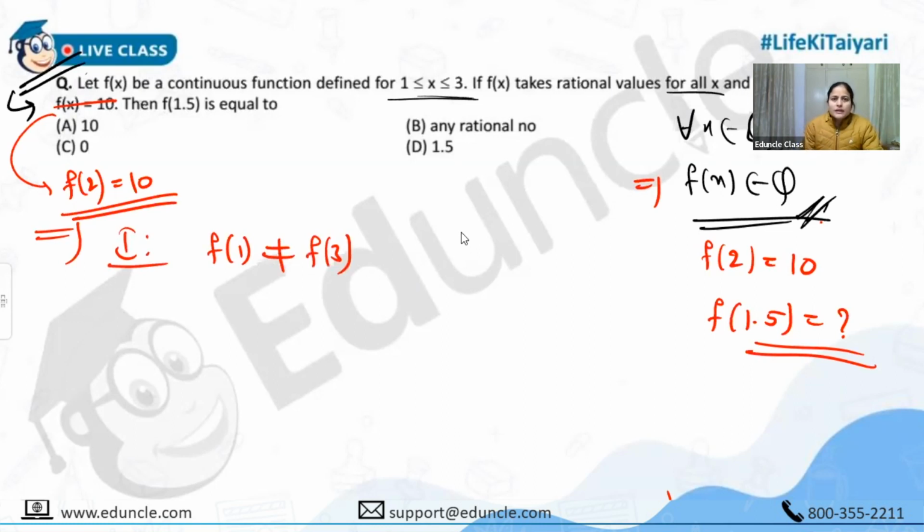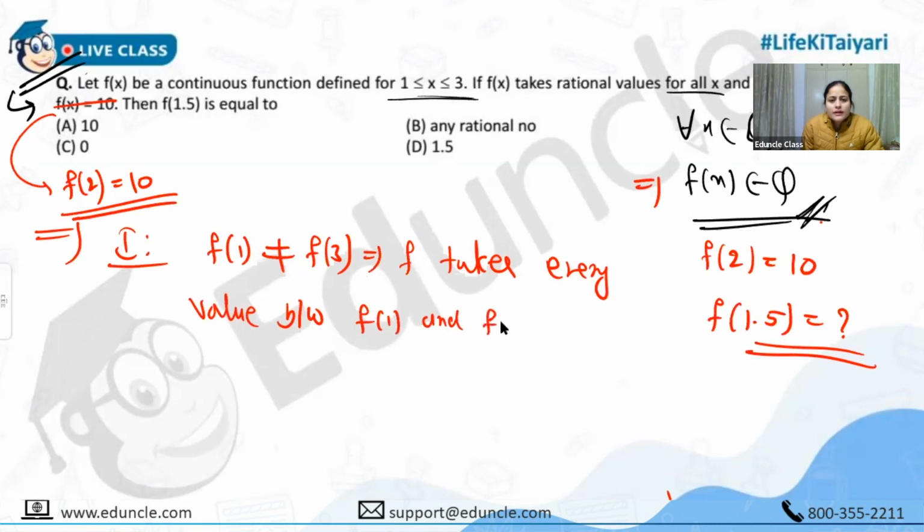Intermediate value property तो पता ही है ना, f defined on a closed interval, function is continuous, and at the end point of the interval function takes different value not equal. तो intermediate value property बोलती है f takes every value between f at 1 and f at 3. They are not equal. If they are not equal, then f takes every value between f at 1 and f at 3 by intermediate value property.